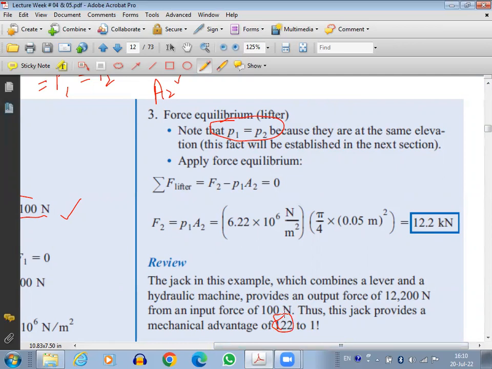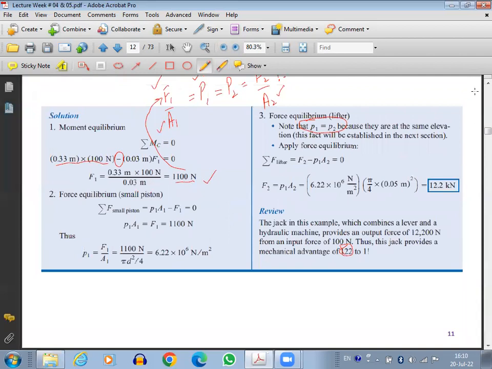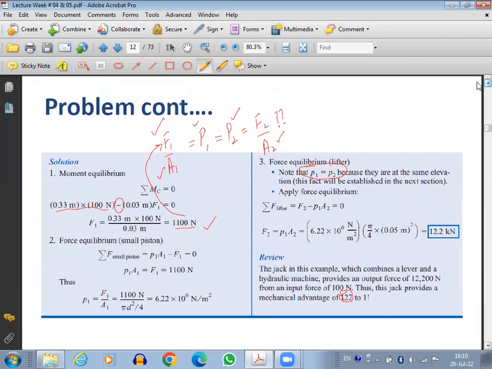The force which we are applying on the lever, 122 times more load is being lifted by the lifter of this jack. And this is understandable. If you look at a car, it's so heavy, I can never lift it. But with the help of a hydraulic jack, I can lift the car easily. Is the solution clear?